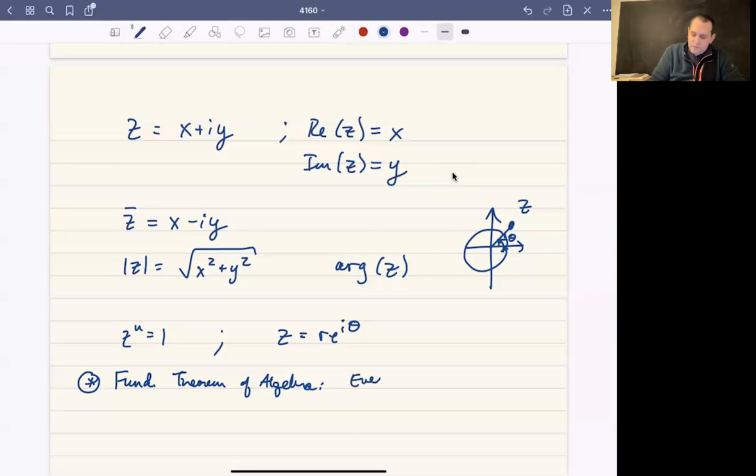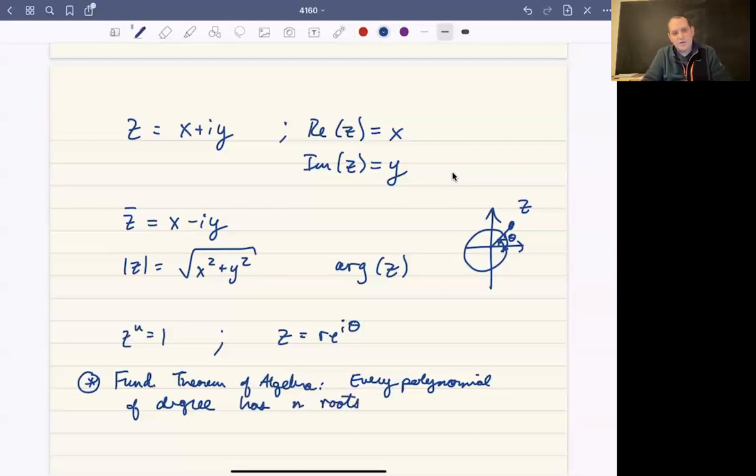And that's that every polynomial of degree n has n solutions. It has n roots, I should say, up to multiplicity. So z to the n equals 1 has n roots.